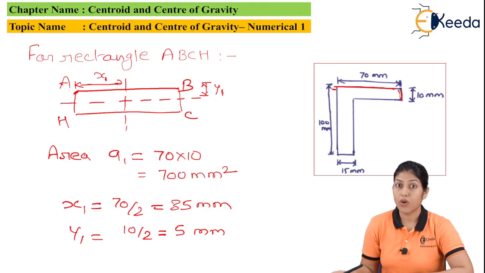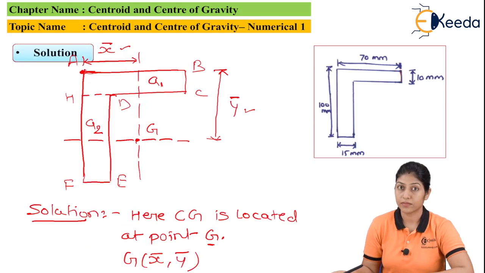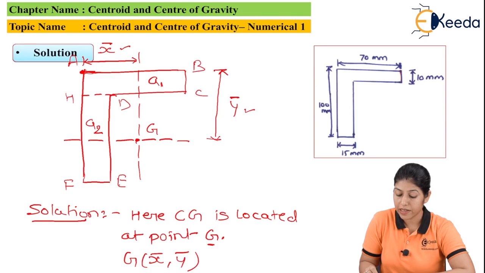Now let's find out the centroid for the second rectangle. Here we have the second rectangle, that is DEFH, with this particular dimension. Here we have to subtract this 10 mm from this particular lamina.